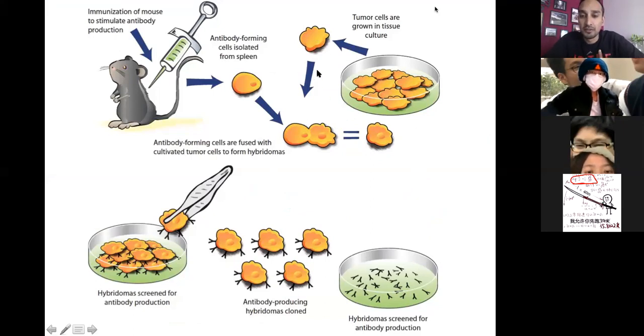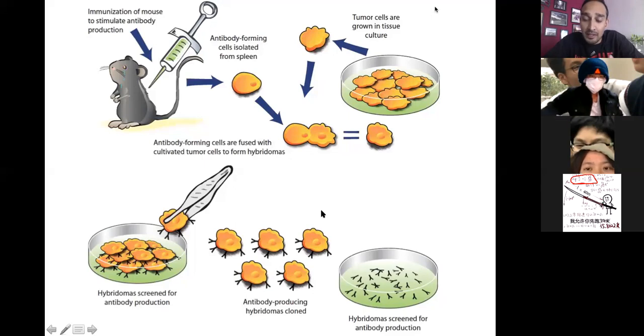Fuse it with a tumor cell. Allow them to divide rapidly. Screen them for the ones that are producing the antibodies you're looking for. And then clone them many times. And then isolate the antibodies you need. And now you can just inject this directly into someone who is ill with that pathogen that has that antigen that you started with over here.